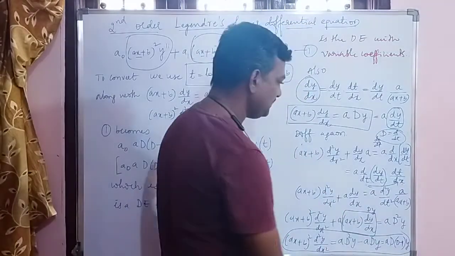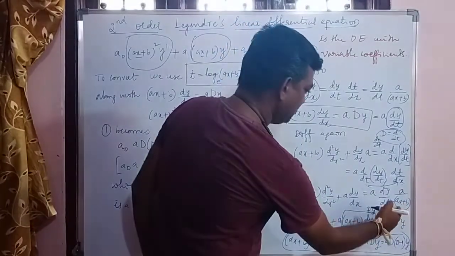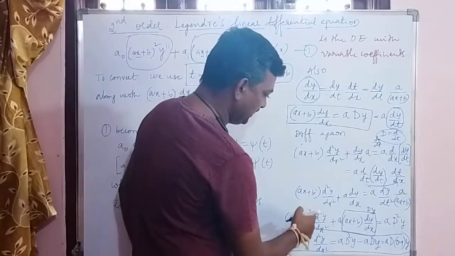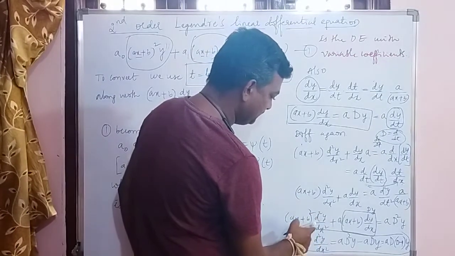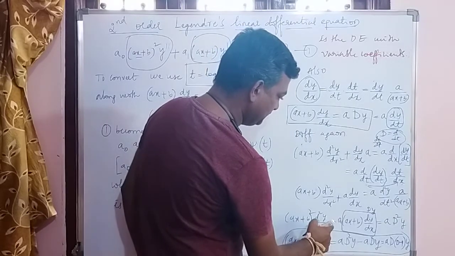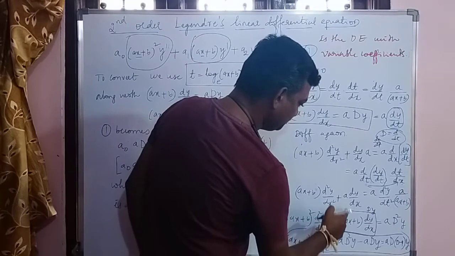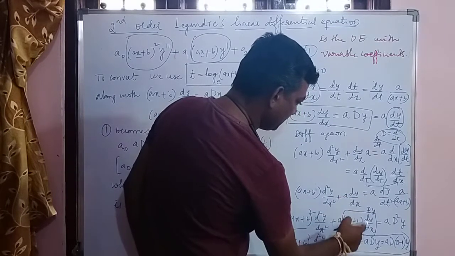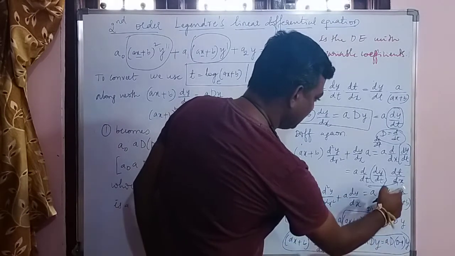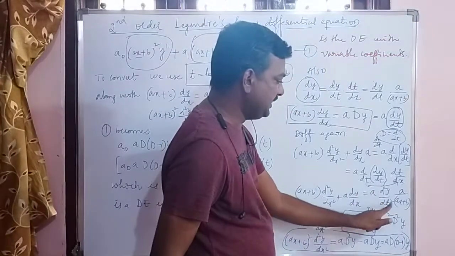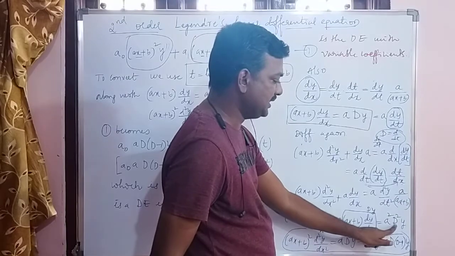So a divided by (ax+b); just cross multiply it. You will get (ax+b) squared into d square y by dx square plus a into (ax+b) into dy by dx is equal to a square into d square by dt square, taken as capital D square, into y.